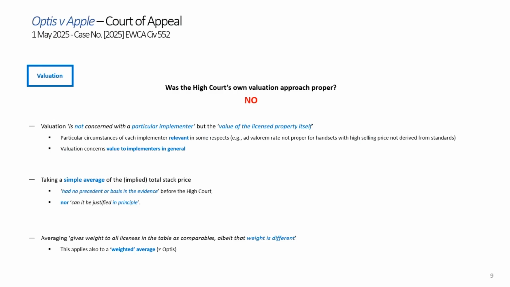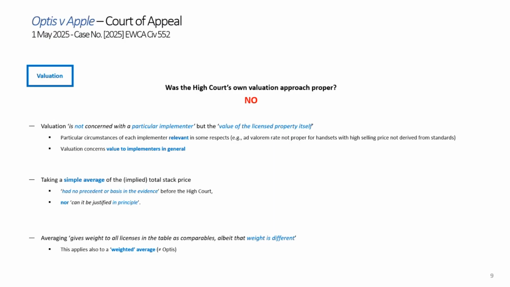It was, however, not only that was problematic. The court looked at the valuation approach of the High Court and found that this was flawed as well. And here there were several problems that the Court of Appeal identified.